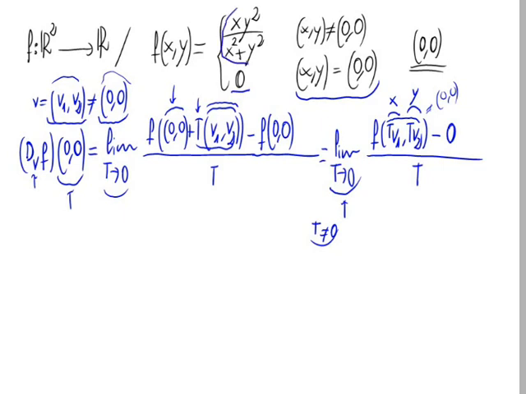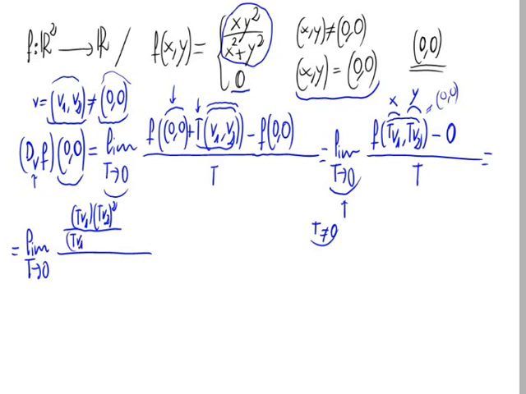So for calculating this image, we have to substitute the function. So we would have the limit when t approaches 0 of the x, t times v1, times the y squared, t times v2 squared, divided by t v1 squared plus t v2 squared, divided by t.